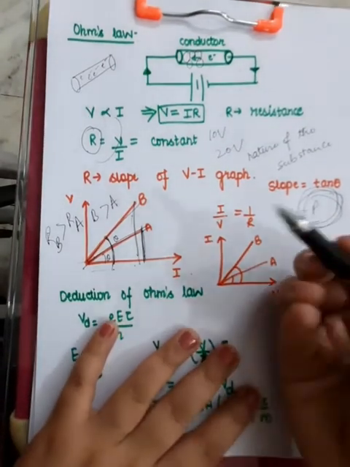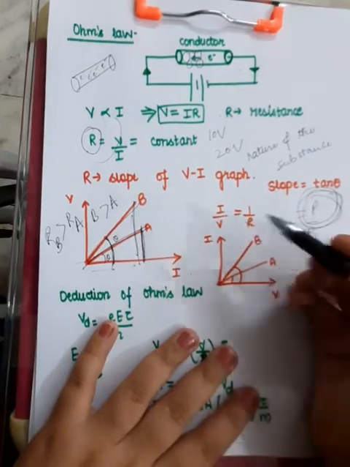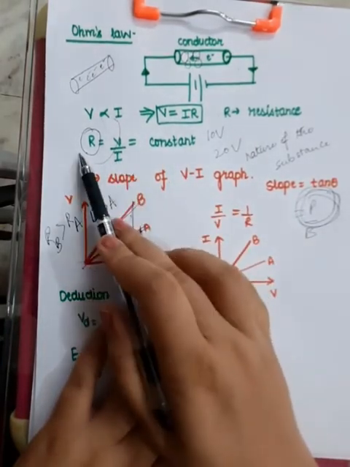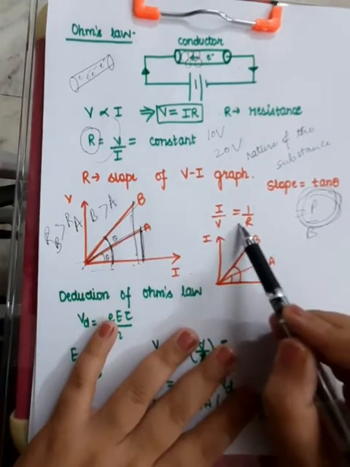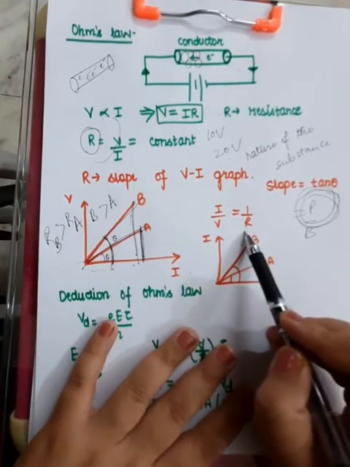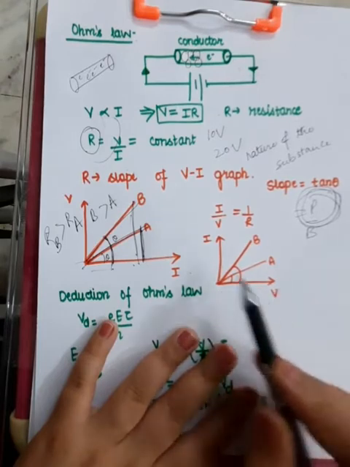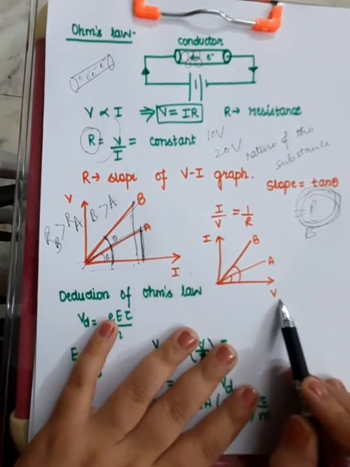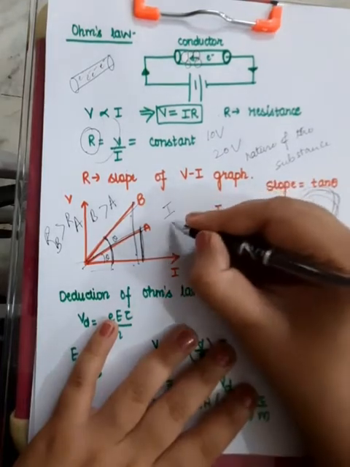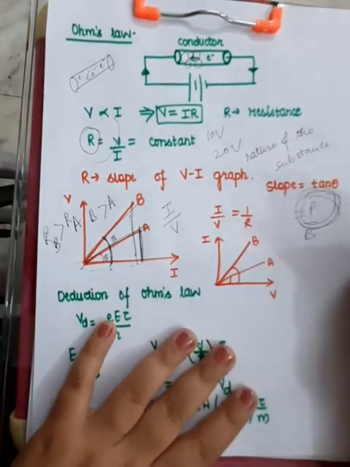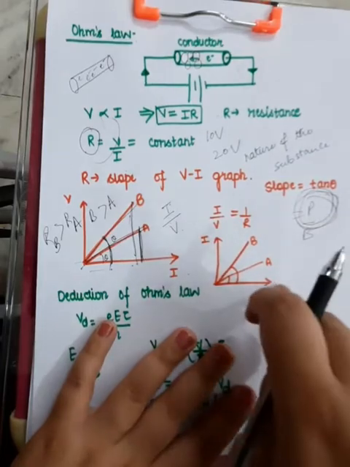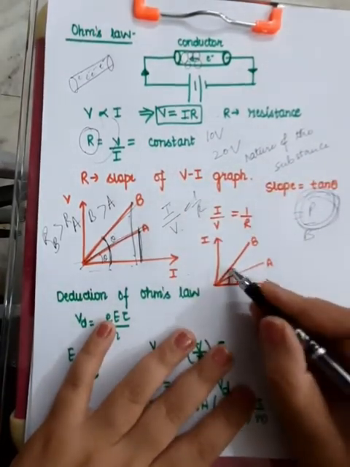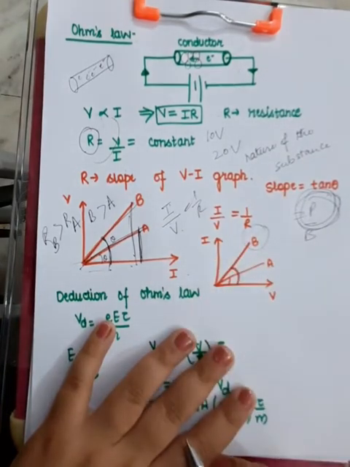But suppose you are given an IV graph, and if V by I is equal to R, I by V will be equal to 1 by R. So this time you are given an IV graph, I on the y-axis, V on the x-axis. This time the slope will be y by x, which you have to take every time, so I by V. But I by V is equal to 1 upon R. So this time you can see that the slope of B is more.